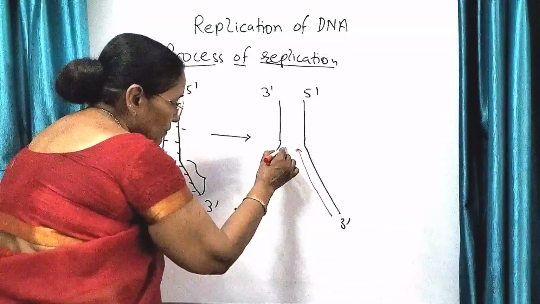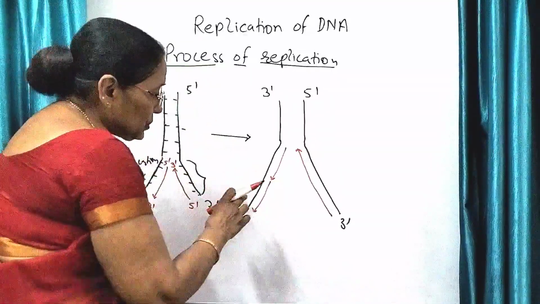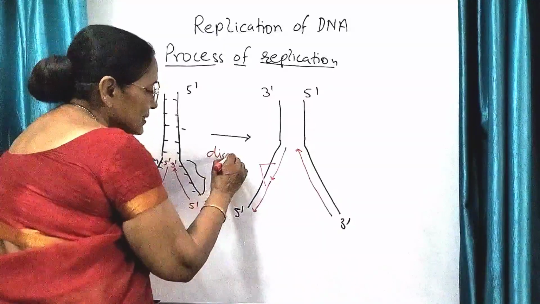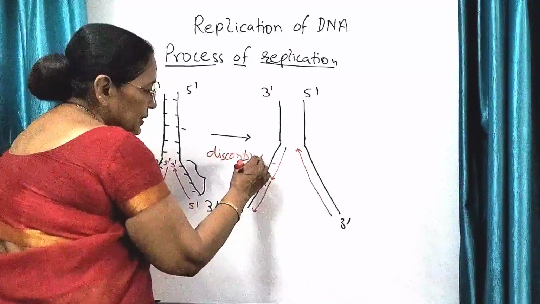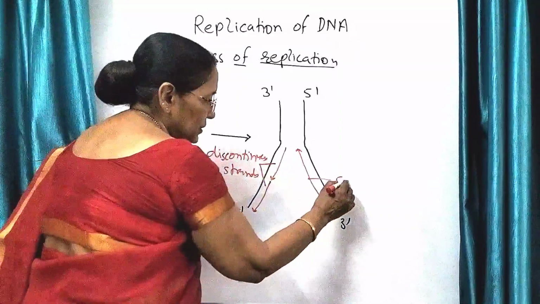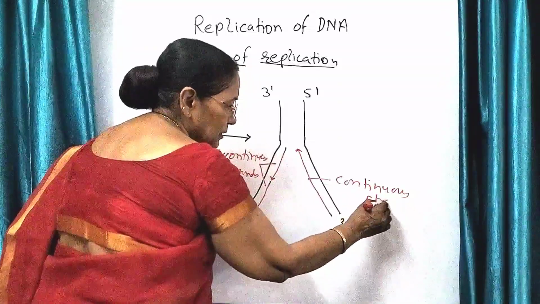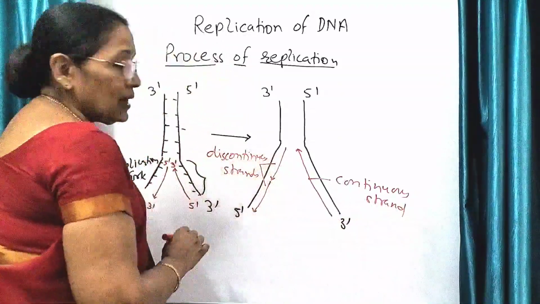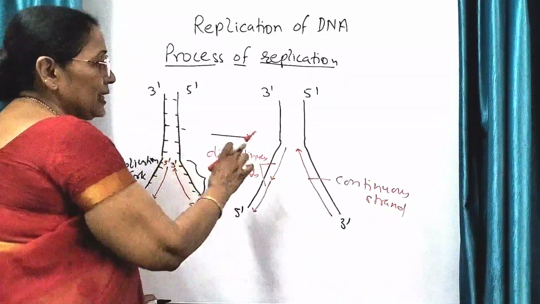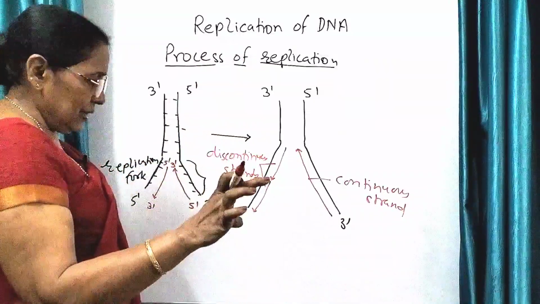Now again it will form another short segment. So these are discontinuous strands, whereas this is the continuous strand. You understood the problem, why this happens, because it has to take the 5 prime to 3 prime direction. So every time it opens up, it forms a small segment.